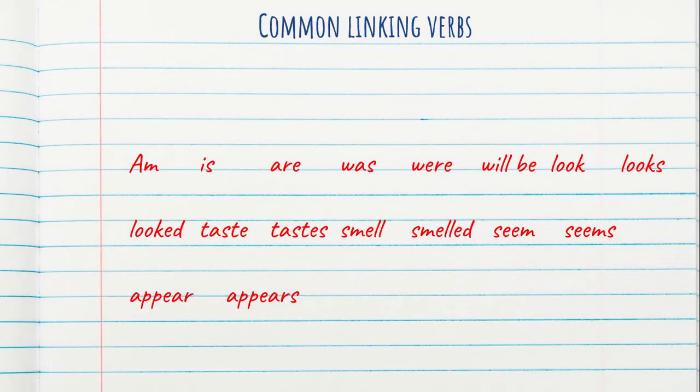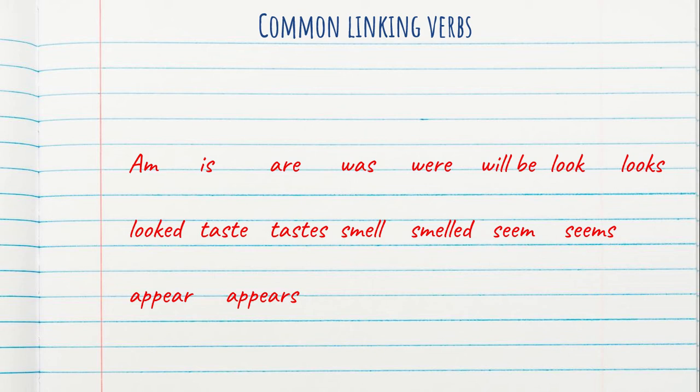Okay, here you have some of the most common linking verbs. Okay, this is important to remember. Am, is, are, was, were, will be, look, looks, looked, taste, smell, seem, seems, appears. Now, I want you to pay attention to the verbs that have the letter S, like in look, looks.